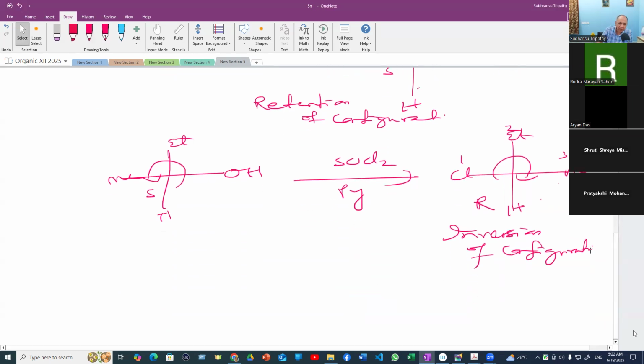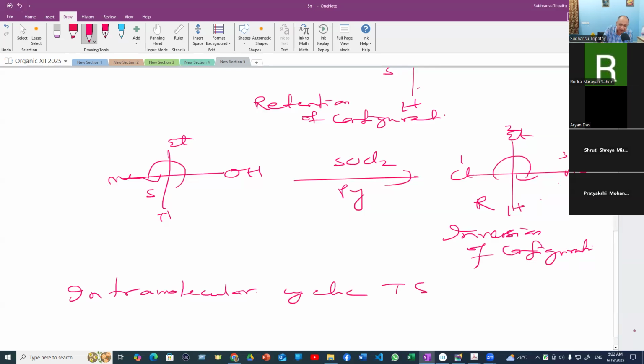Now the mechanism is intramolecular; it passes through an intramolecular cyclic transition state.